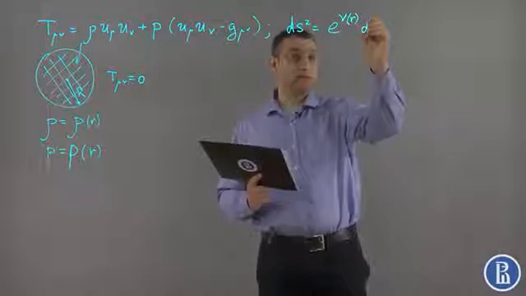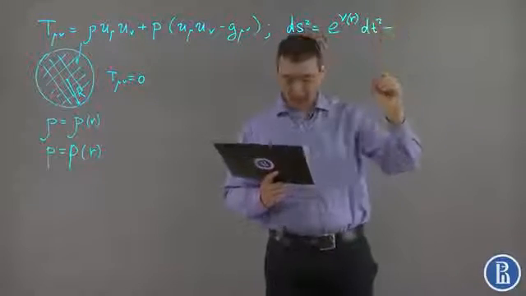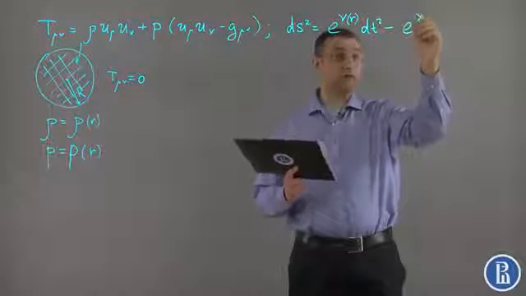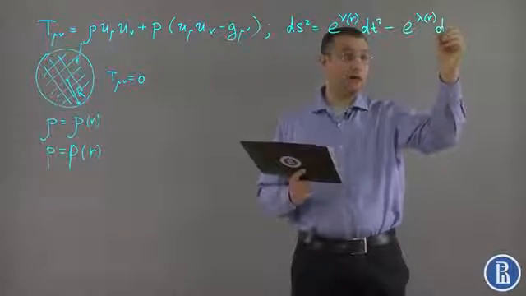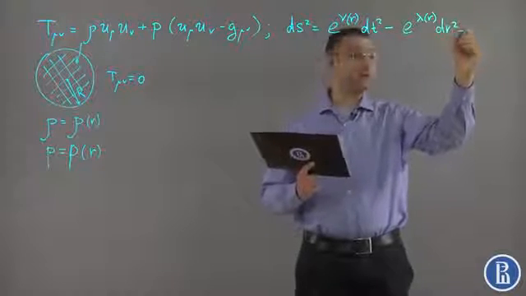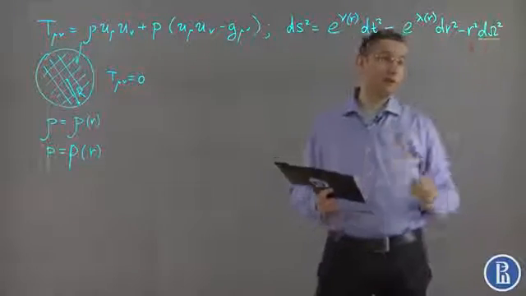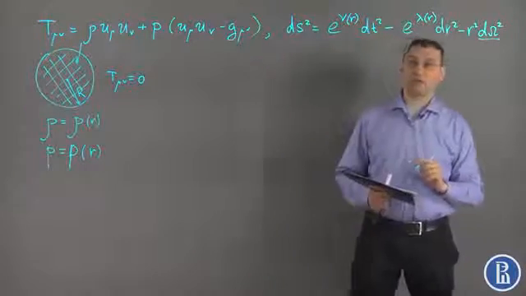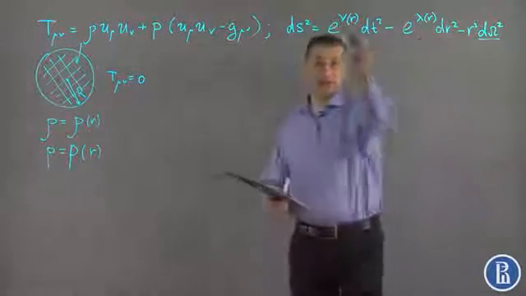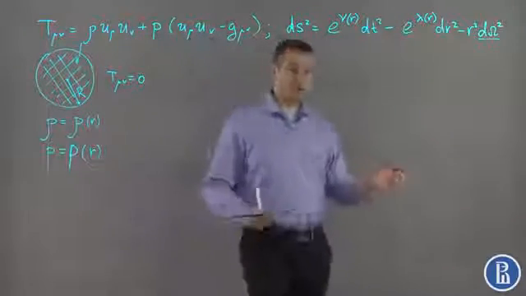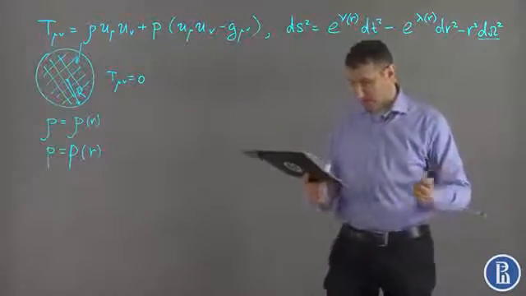So the ansatz is like this: minus exponent of λ(r) dr² minus r² dΩ², and this is the metric on the unit two-dimensional sphere. So these are functions of r, and this problem is absolutely static and spherically symmetric.